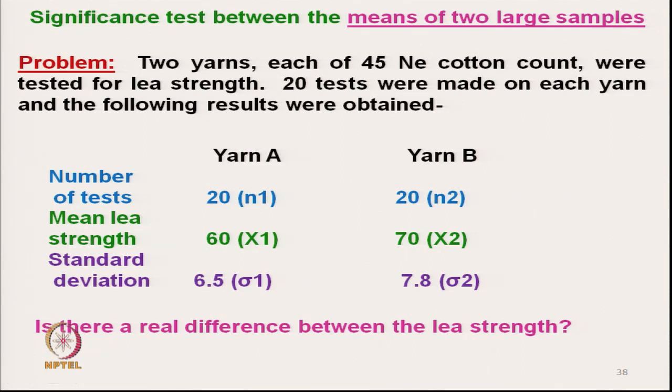What we are interested in is whether yarn B is significantly stronger than yarn A, or yarn A is significantly weaker than yarn B. Do we right away reject yarn A? That we have to test. Suppose we have two samples from two suppliers, yarn A and yarn B, and we have to select one of them.